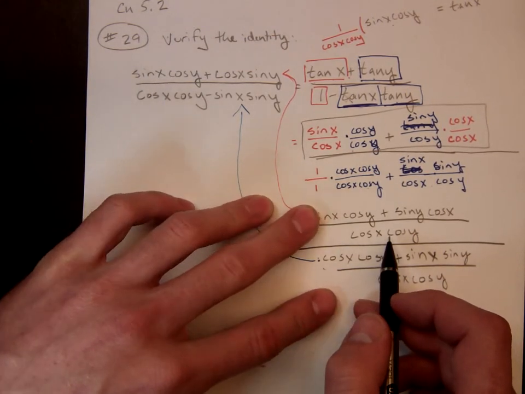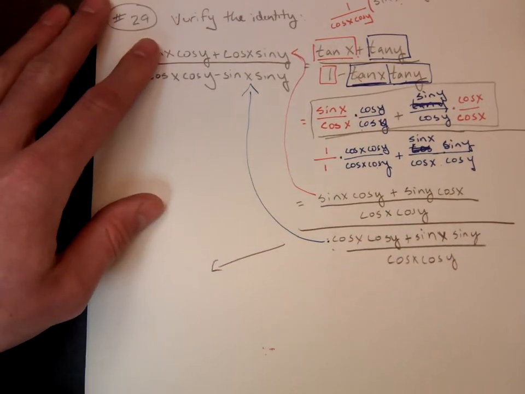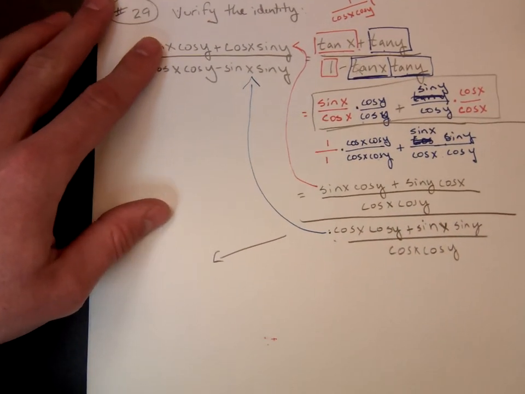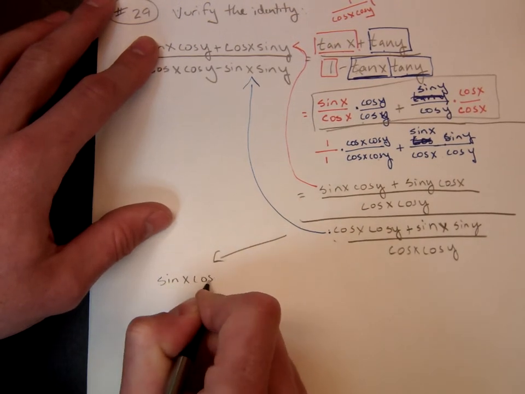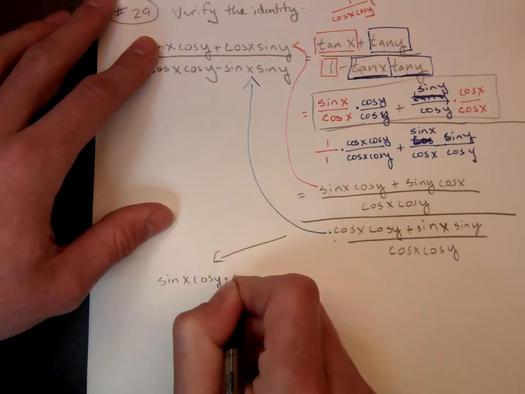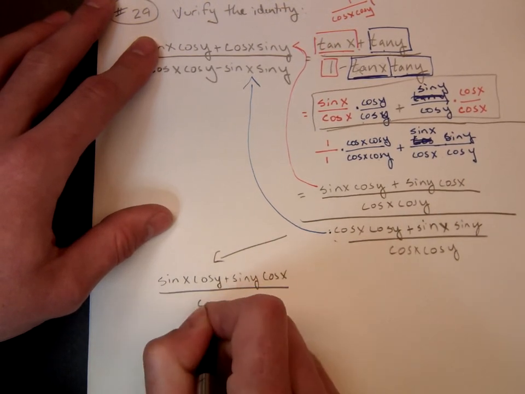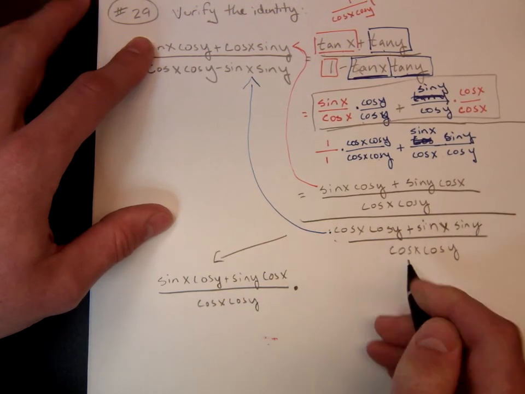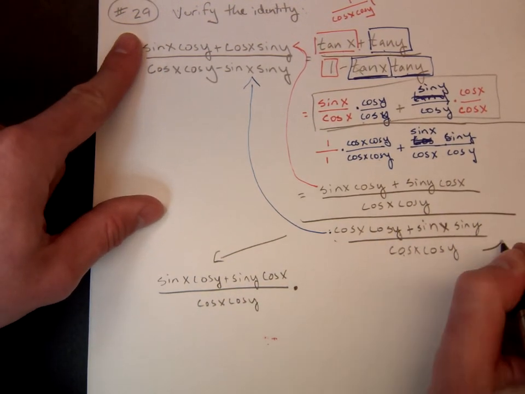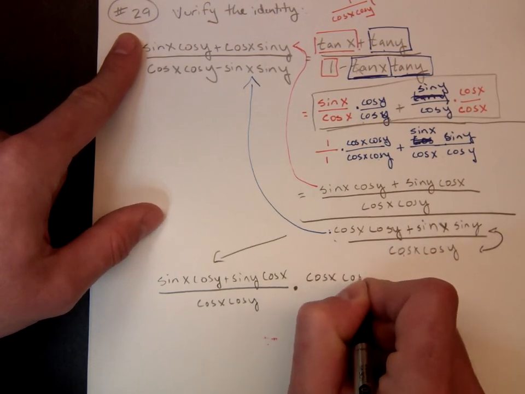multiply by the reciprocal. So if I wanted to do this, I'm going to go ahead and rewrite it over here, give myself a little more room. What we're going to wind up with is what we have on top, sine x cosine y plus sine y cosine x all over cosine x cosine y, times, I'm going to multiply it by the reciprocal of this, so I'm just going to flip it, times cosine x cosine y.